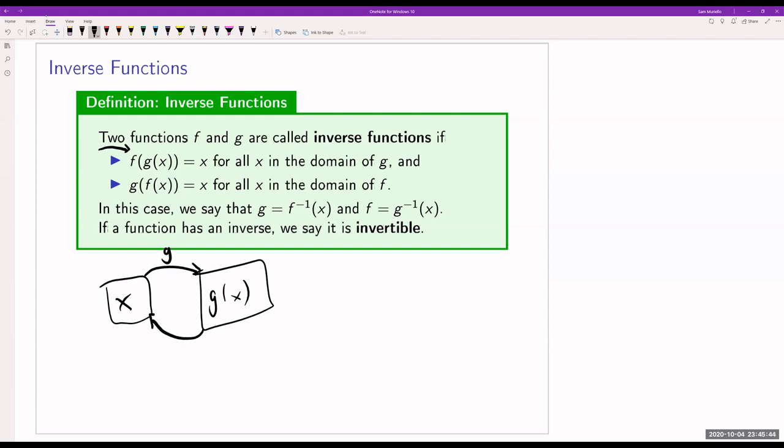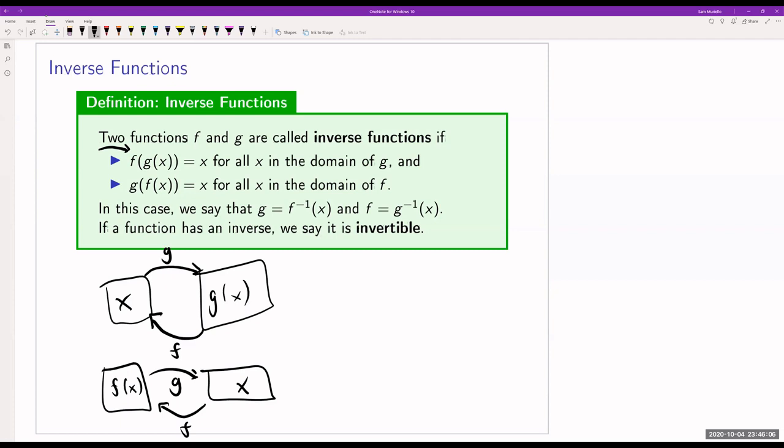So f will take me back to x. From a different perspective, if I were to start over here with x and then follow f to f of x, then g would also undo f of x, bringing me back to the original.